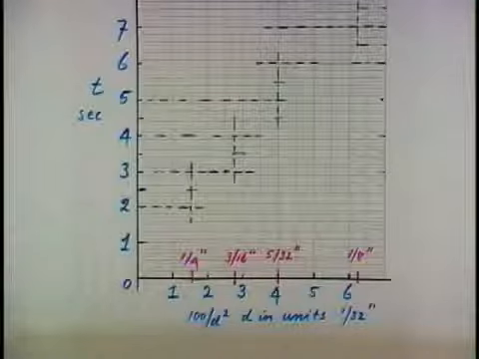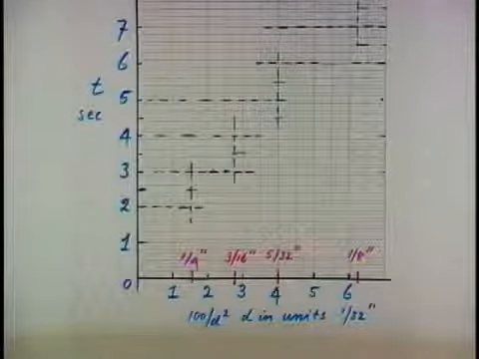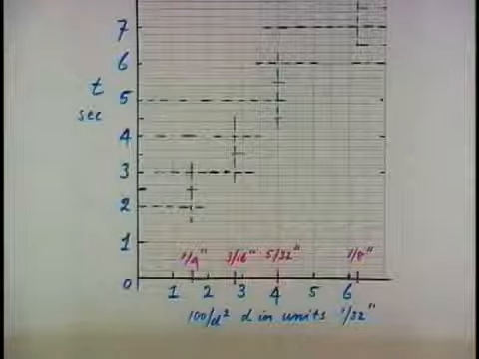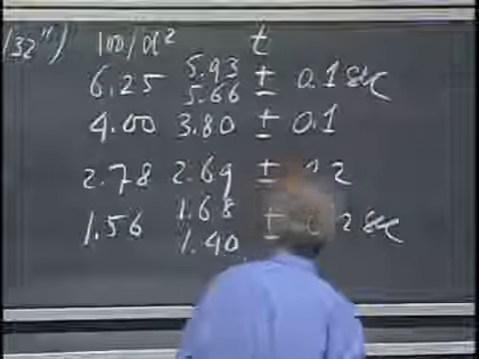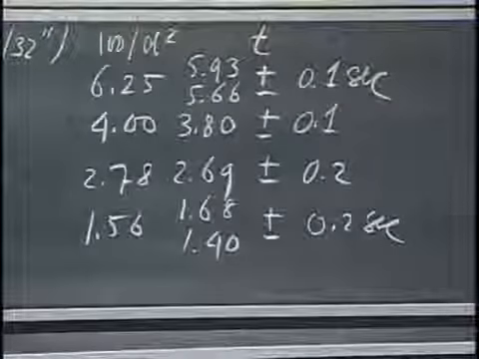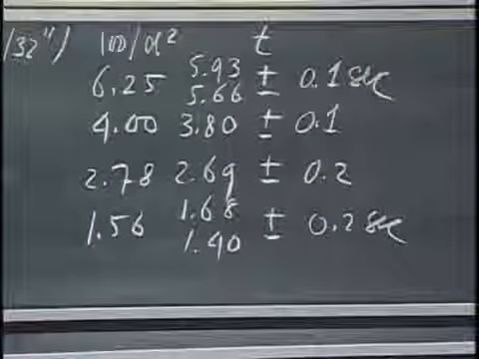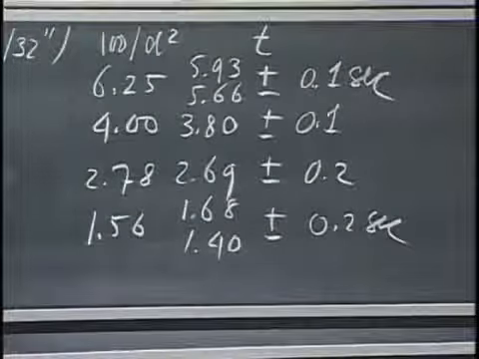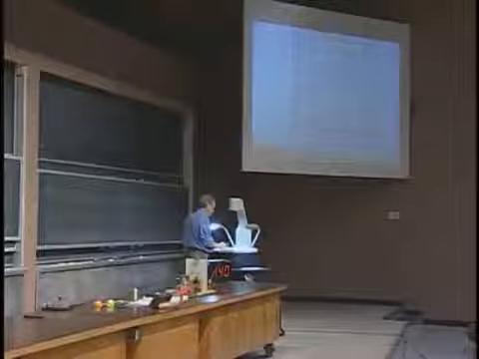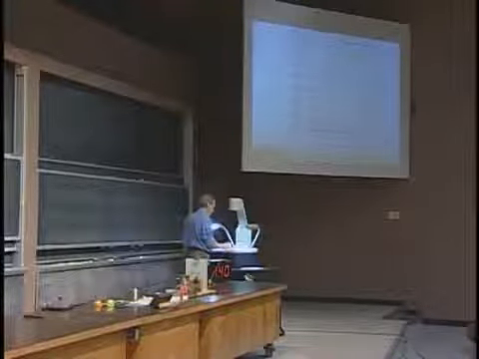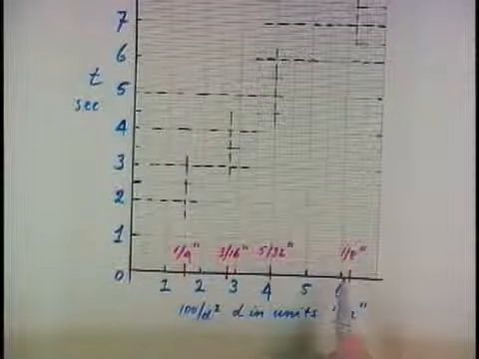So first, we're going to put in 5.8 seconds for the smallest ball bearing. This is the smallest one. Don't be misled, because this is 100 divided by d squared. So this is the smallest one, 5.8.